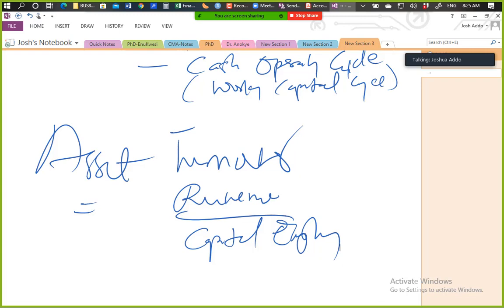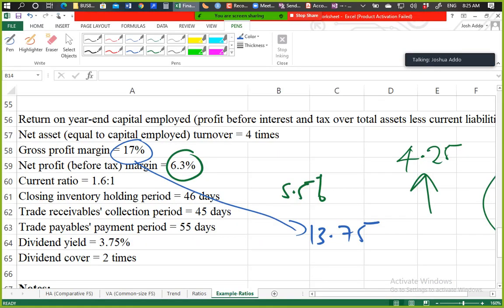Okay, so let's go back to our financial statement. If you look at the parameters of the formula, asset turnover is equal to revenue divided by capital employed. It means that we will need the figures from both the income statement and the balance sheet.